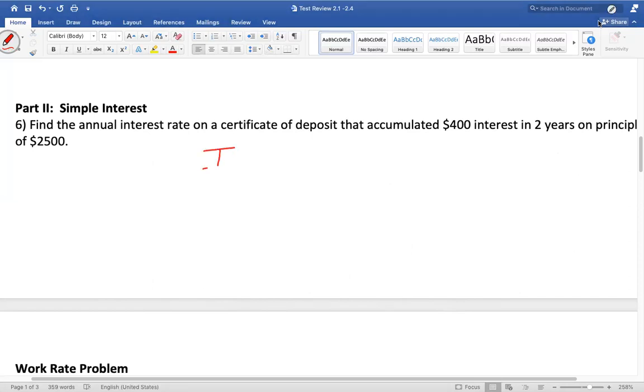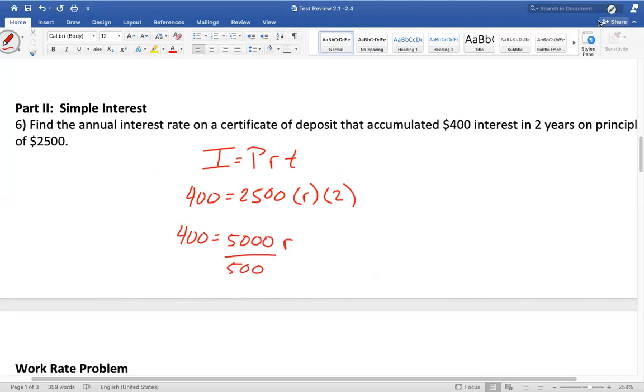But I equals PRT. So the interest was 400. My principal was 2,500. My rate, we don't know, and my time is 2. So this would have been 400 equals 5,000 times R divided by 5,000.